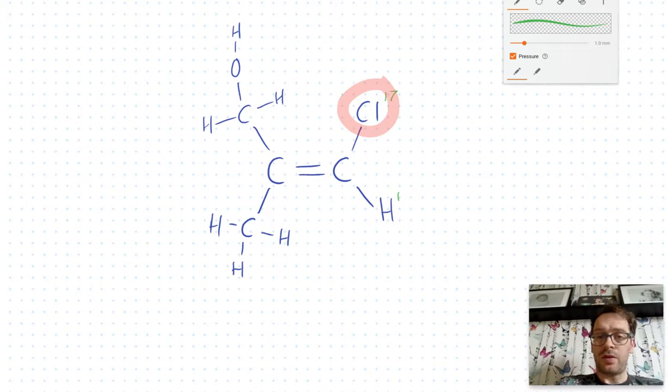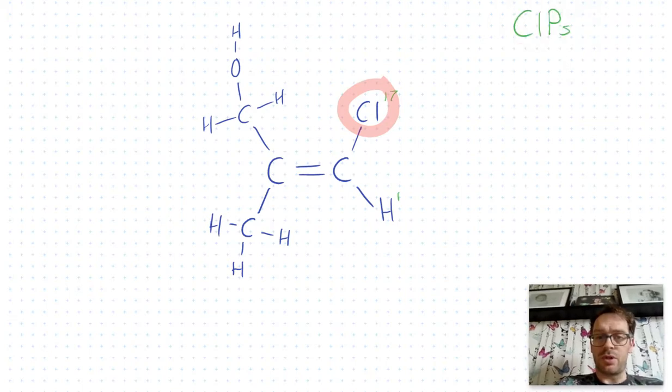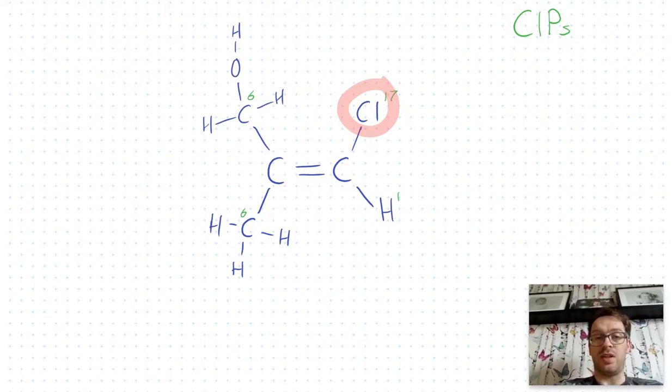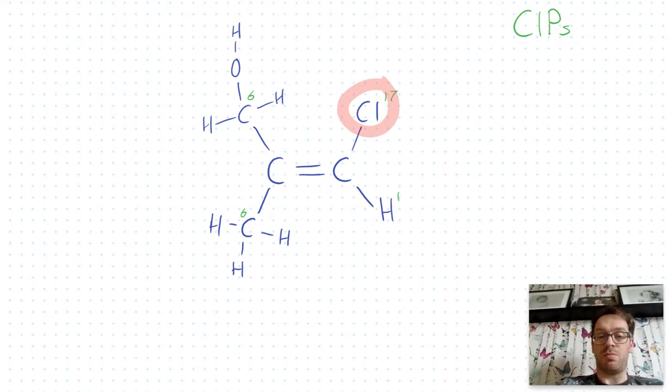On the left, we go to the two atoms bonded to that carbon, and we've got a 6 here for that carbon, but we've also got a 6 here for that carbon. So we have to go atom by atom. The first atom doesn't give us a priority group, so we need to go out another bond from those atoms to try and break the tie. We're basically looking for one group that has something bigger than the other.